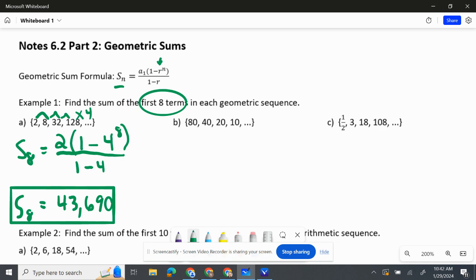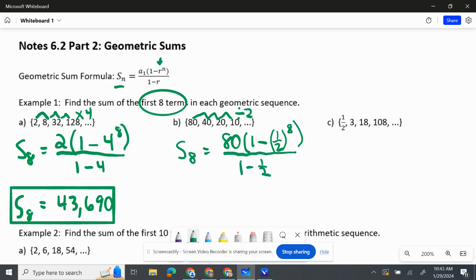Now, for the second one, we're going to do the same thing, the sum of 8 numbers. Our first term is 80. Then what we have is 1 minus. This time, we see that it's going down. It's dividing by 2. So that means that our common ratio is going to be a half. Make sure that when you put it into your calculator, a half, or usually what I do is put in 0.5, and then we raise it to the 8th over 1 minus a half.